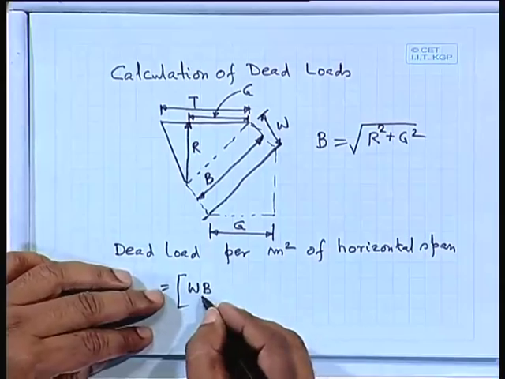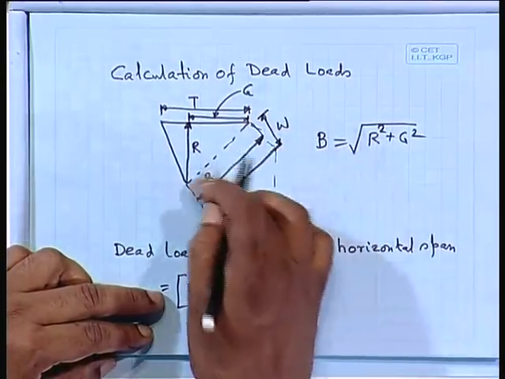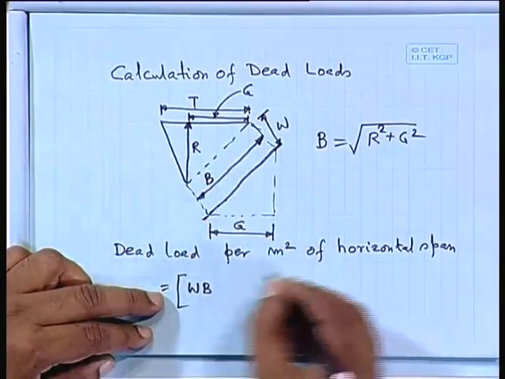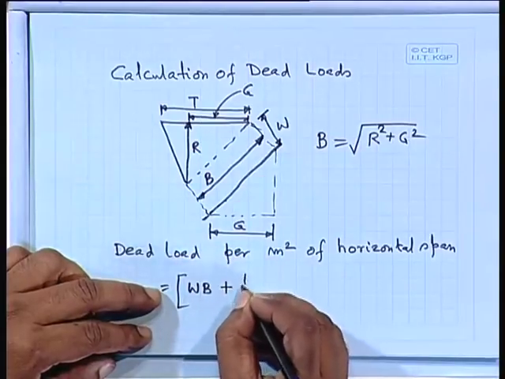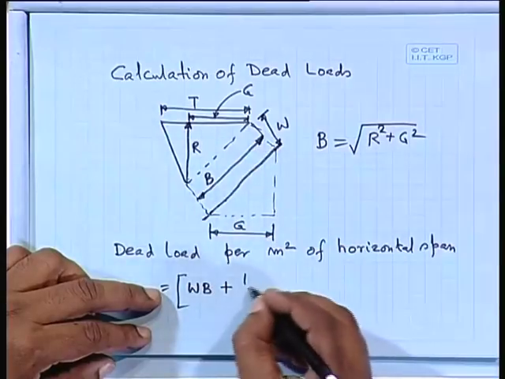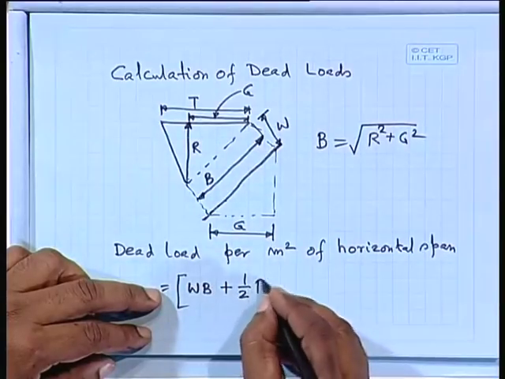So, WB, this is your WB times 1 times the unit weight of the concrete plus this triangle which is half times R times T.